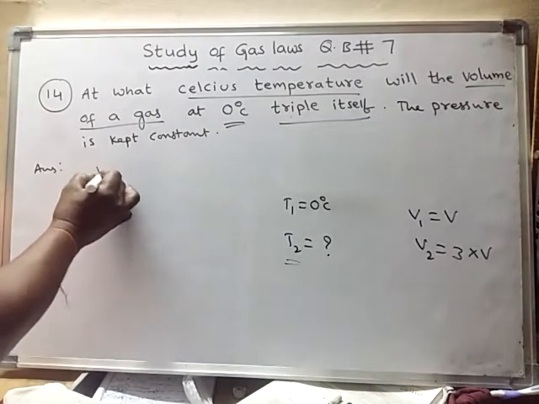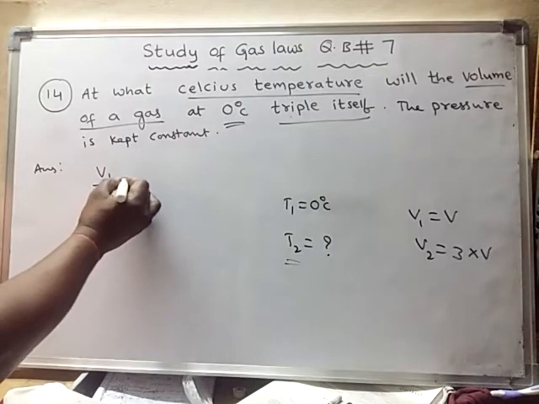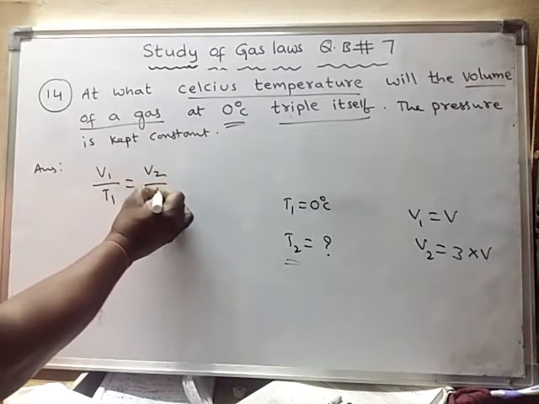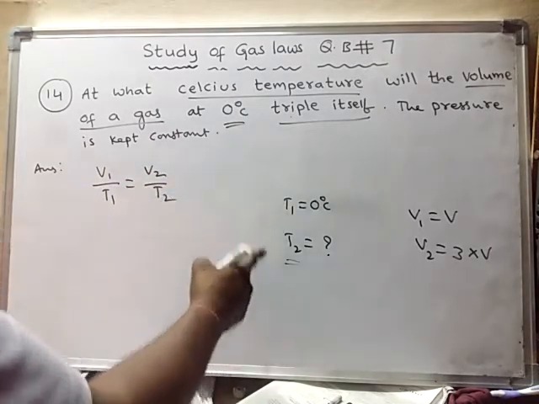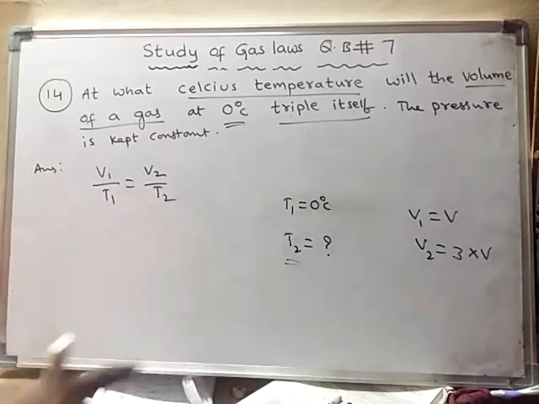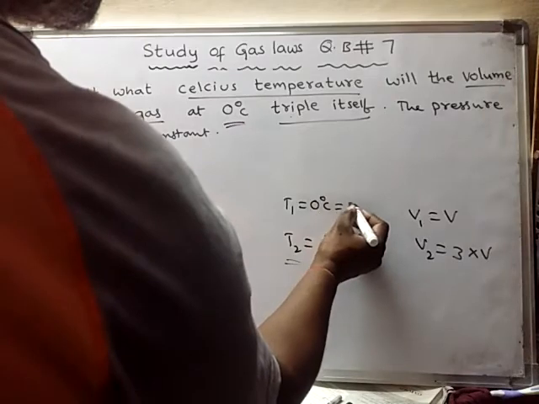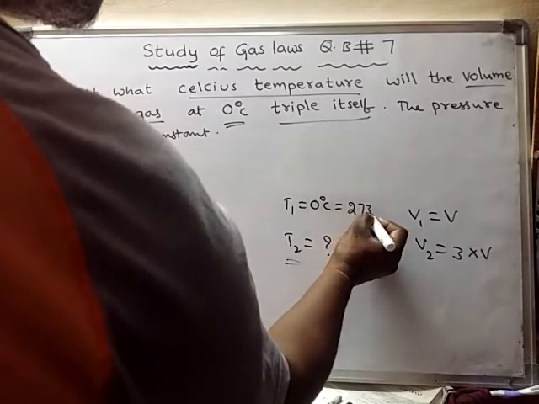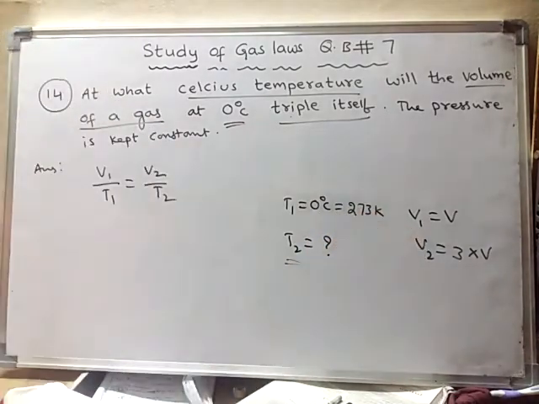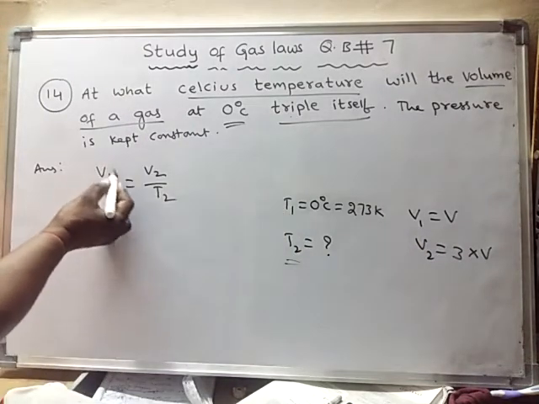What is the Charles law equation? V1 by T1 is equal to V2 by T2. Here T1 and T2 should be expressed in Kelvin temperature. So here 0 degree centigrade will be equal to 273 Kelvin.